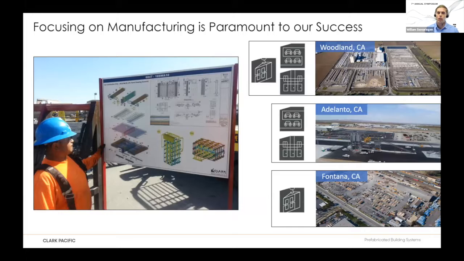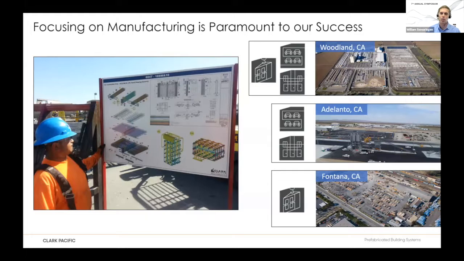As I showed in our production system, manufacturing is really paramount to our success. We have 3 manufacturing facilities across Northern and Southern California that build products for one or multiple of our business units. And as you see on the left, how we utilize technology and software to deliver the work instructions to our team members is extremely important to our overall cost strategy, as well as our ability to scale the operation.